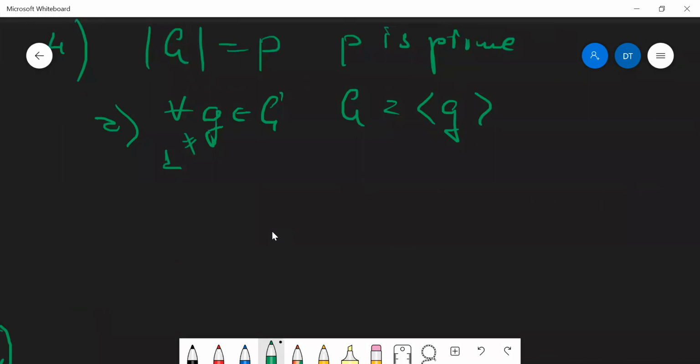So now, why is this true? If the group consists of a prime number of elements, then it has at least 2 elements, because the least possible prime number is 2. So there is always a non-neutral element. So I can always find an element g which is not 1.